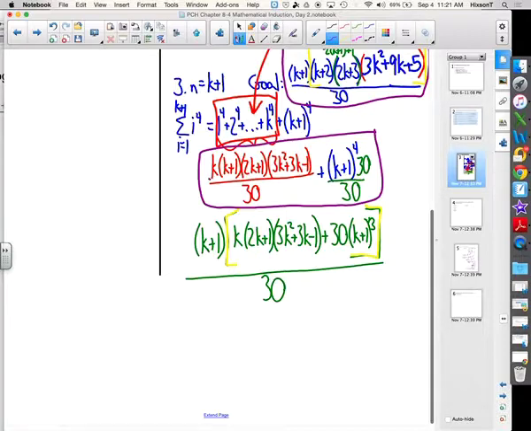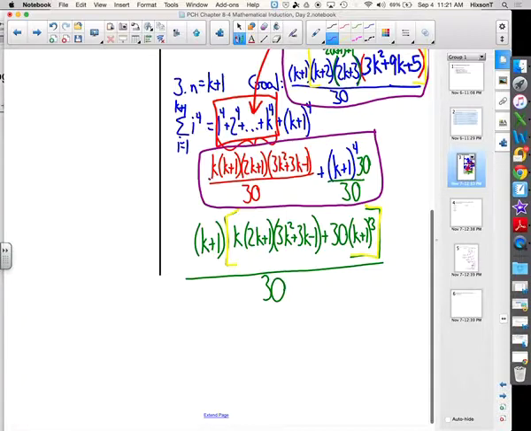And then if I take out a k plus 1 from this 30 times k plus 1 to the fourth, I have 30 times k plus 1 to the third left over. That's in the brackets.